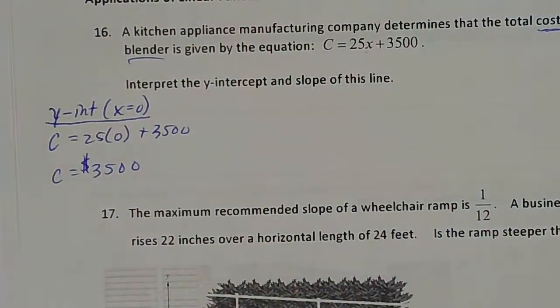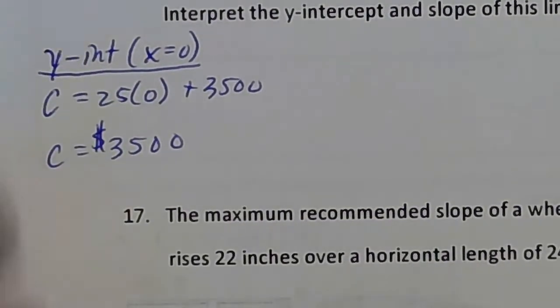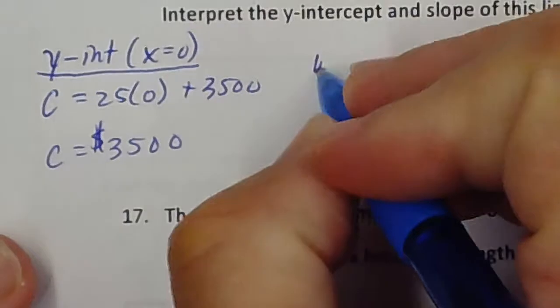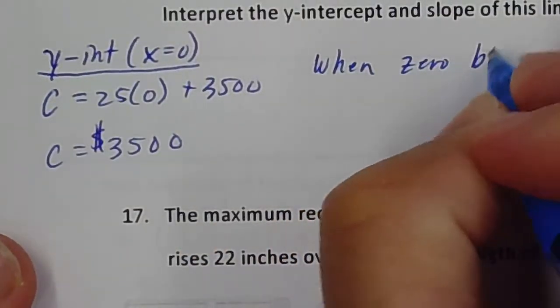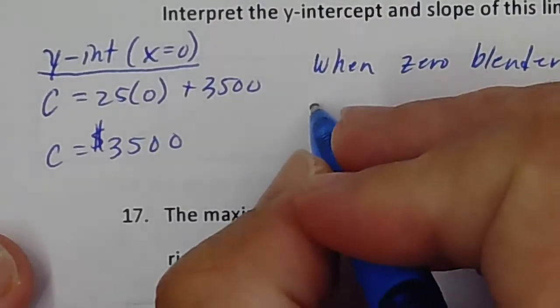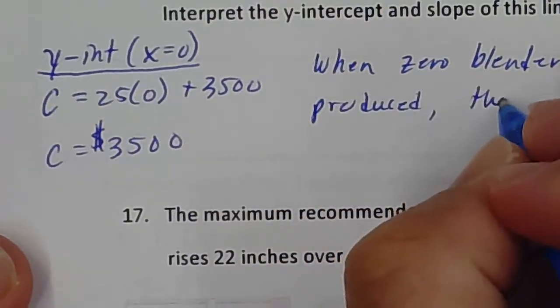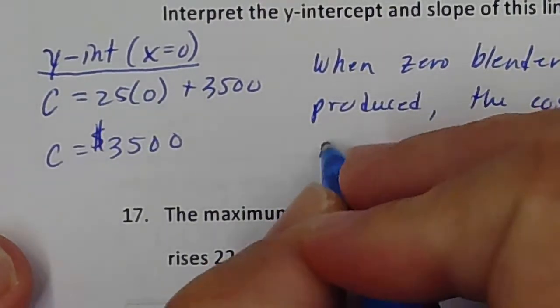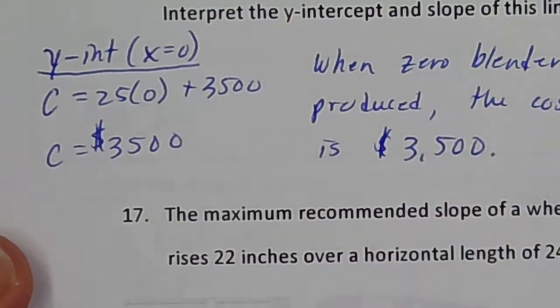It does say interpret that. So you'd have to interpret this, or if it's a multiple choice, you're going to see phrases that have an interpretation of this value. It means when 0 blenders are produced, the cost is $3,500.